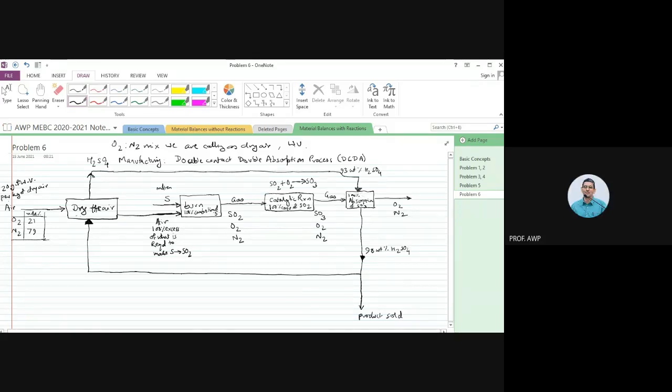Okay. Do you agree with all this? So we may need some extra water also here. We may need some extra water to be added. 93% by weight may not be enough to account for all the water vapor. Any problem so far?